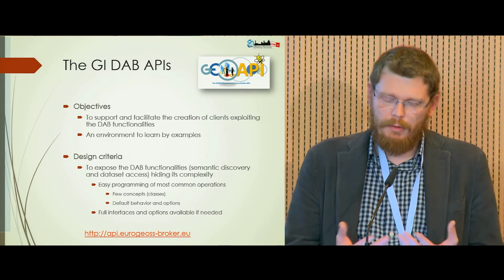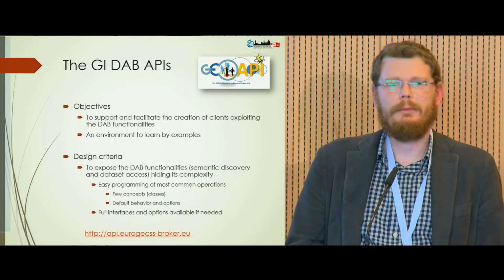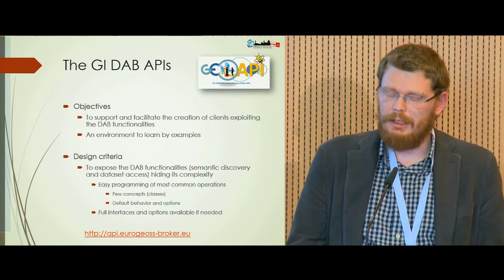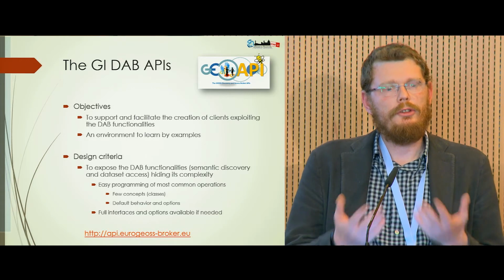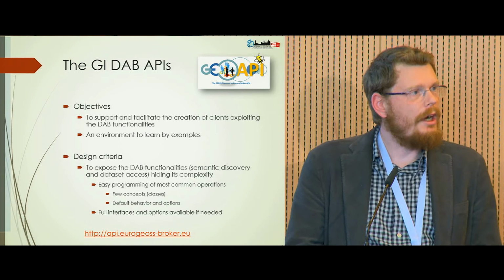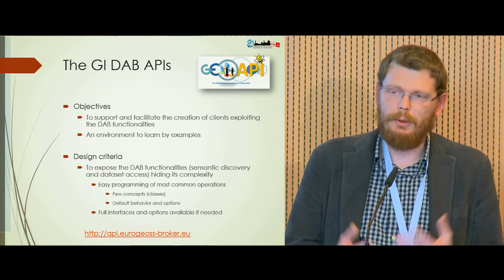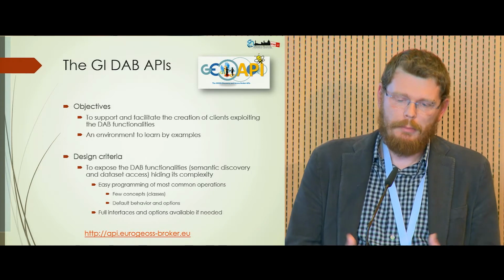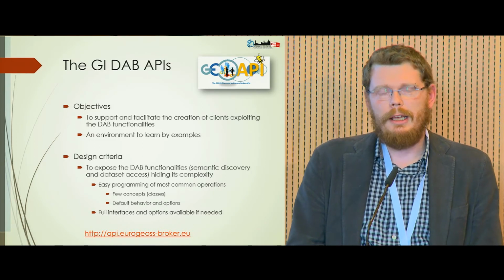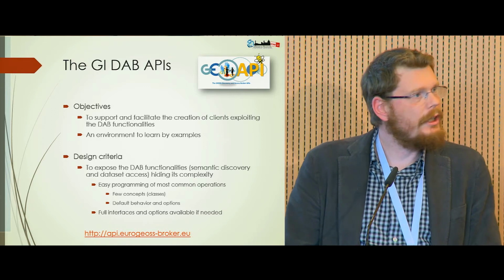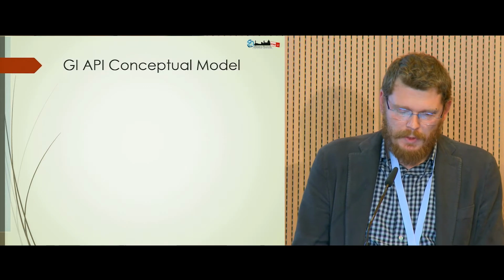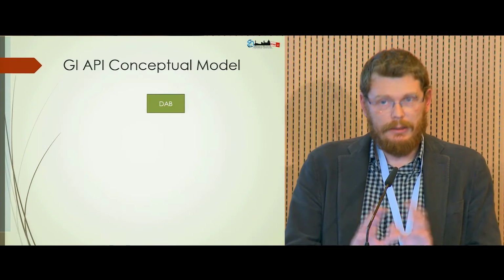Because, of course, we provide several service interfaces, but you need some knowledge of these interfaces in order to generate the proper request, parse the responses, and so on. So the idea was to provide simple libraries with simple objects that developers of applications can use in order to interconnect to the DAB.